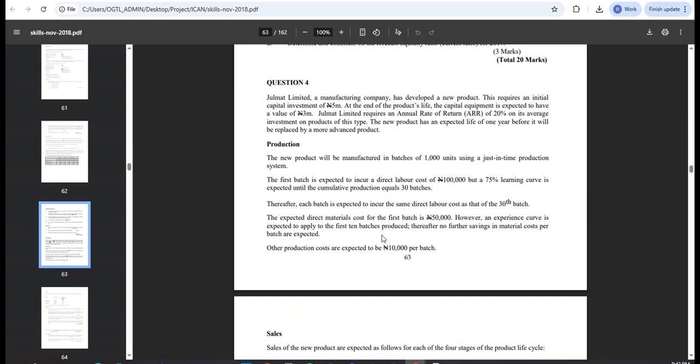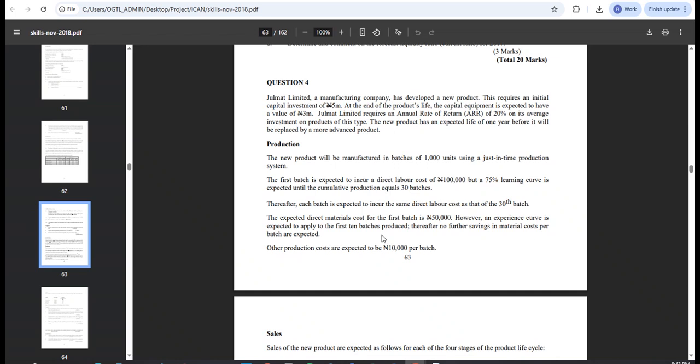The first batch is expected to incur a direct labor cost of 100,000, but a 75% learning curve is expected until the cumulative production equals 30 batches. Thereafter, each batch is expected to incur the same direct labor cost as that of the 30th batch.